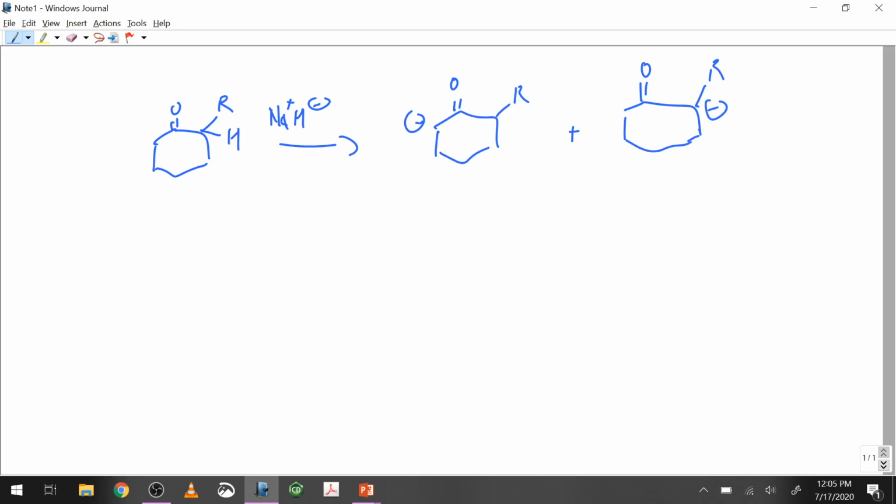But because we let this equilibrate, we're still going to have some of this present. So this very importantly has to be reversible for us to ever get here. The idea is this is lower in energy.